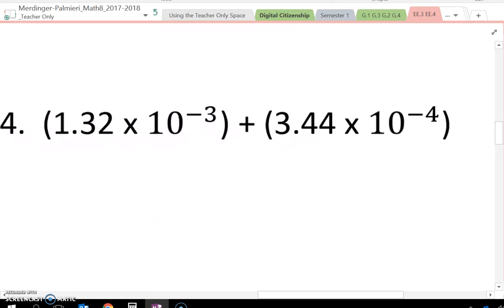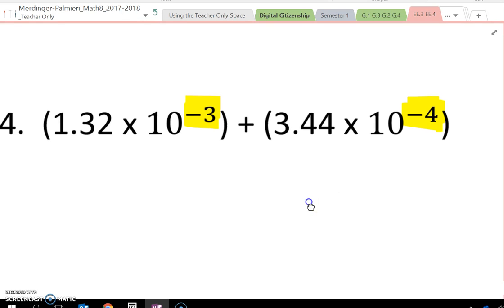So number 4 is where it starts to become a little bit trickier. And that really is just because of a proficiency with integers. So on these, I'm still identifying my exponents, but now you have to think a little bit more carefully. -3 versus -4, which one is going to be the smaller one and which one is the larger one? So our larger number is -3, so the -4 is the one that I want to change.